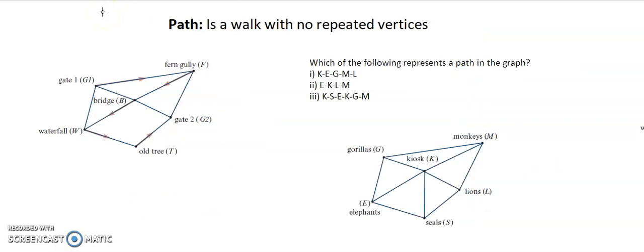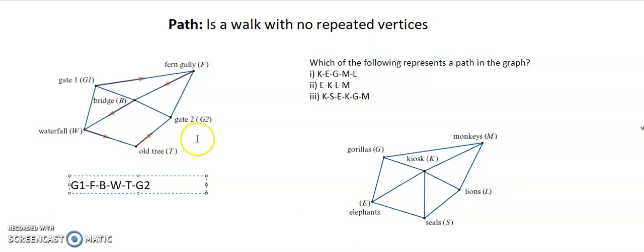Okay, let's look at a path. A path is a walk with no repeated vertices. As we can see over here, we are starting at G1. We are then traveling to F, traveling to B, traveling to waterfall of W, traveling to T, and then we go to gate 2 and exit.